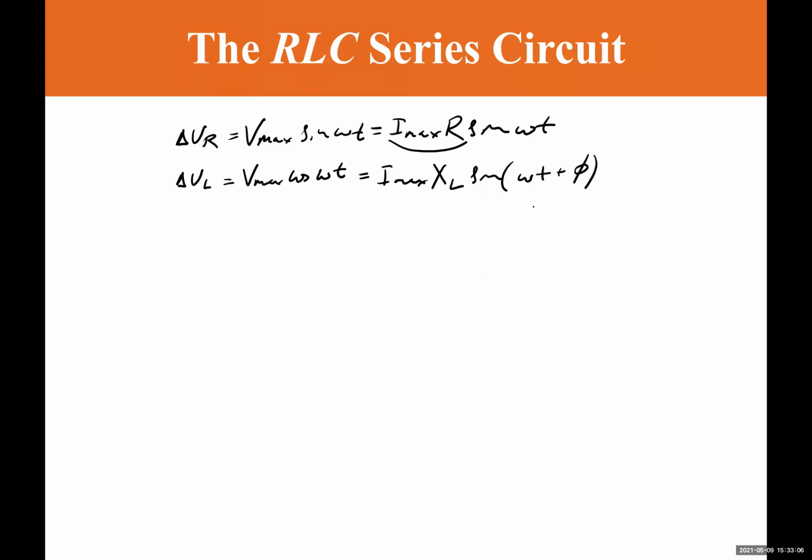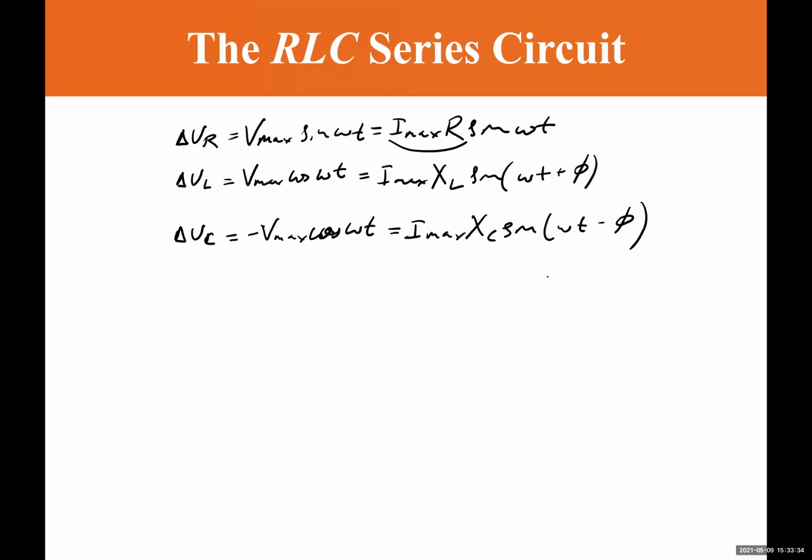Then for delta VC, it will be negative Vmax cosine omega t, and this can be written as Imax times the capacitive reactance, then sine of omega t minus phi.